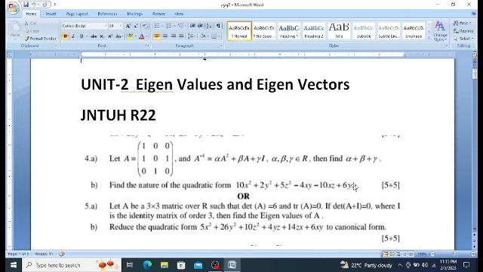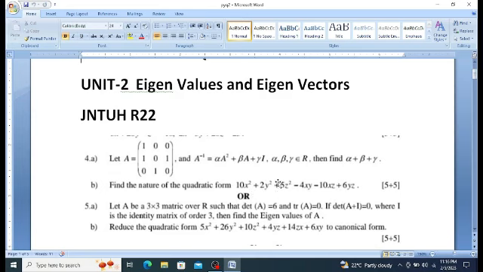For that, first write the matrix from this given quadratic form and get the characteristic equation, that is the determinant of A minus lambda I equals 0. Then from that get the characteristic equation in terms of lambda. You will get a cubic equation, as there are 3 variables here: x, y and z.